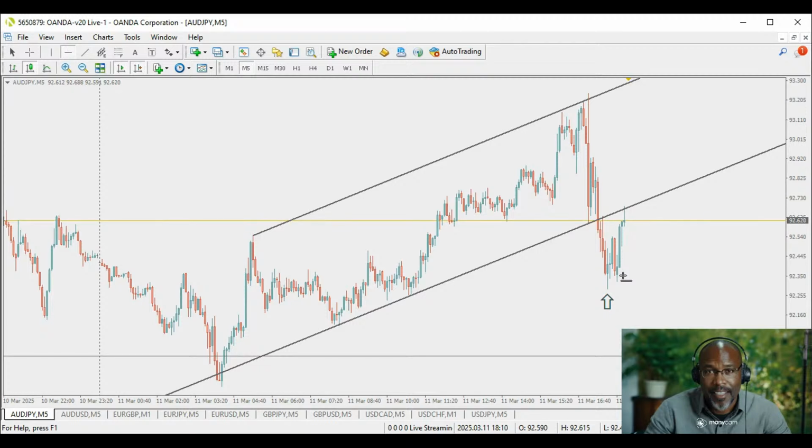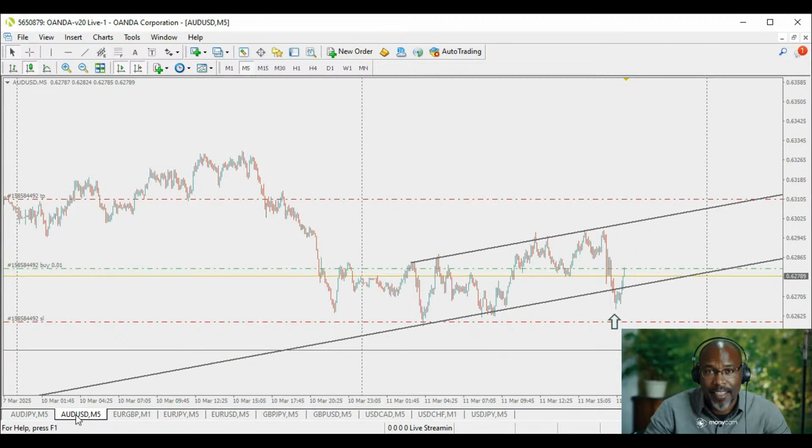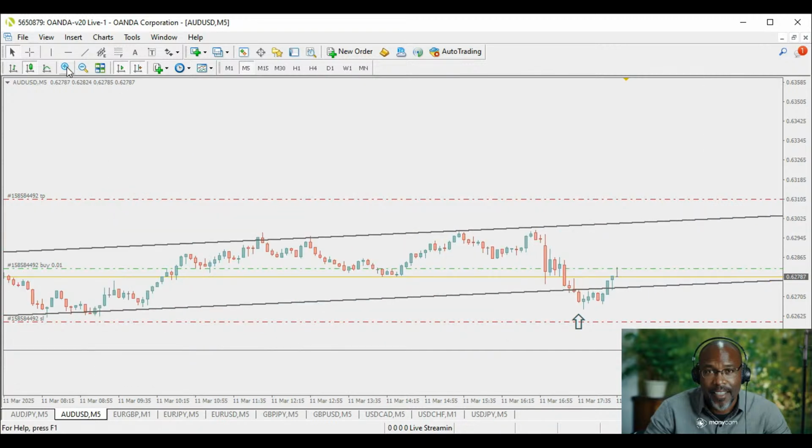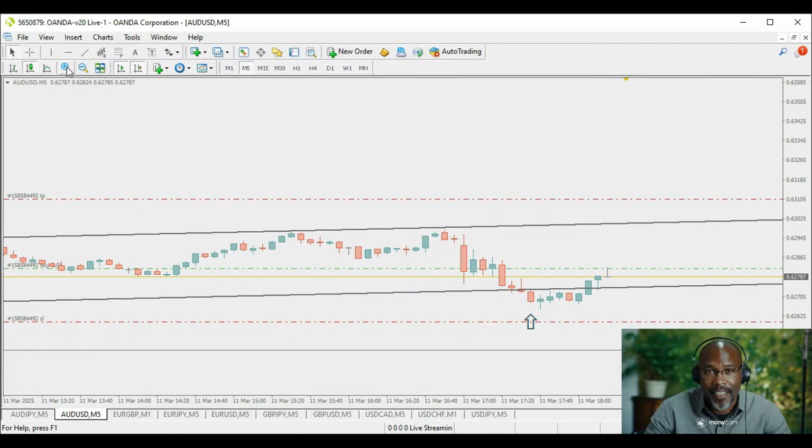Let me see if the Aussie dollar US dollar looks like it is following through. Can't tell. See if this candle ultimately ends up green or red.